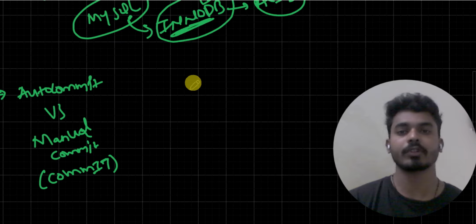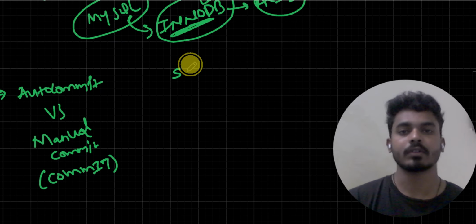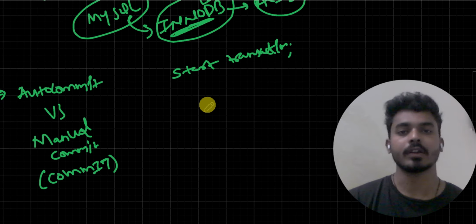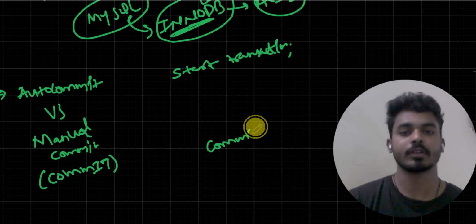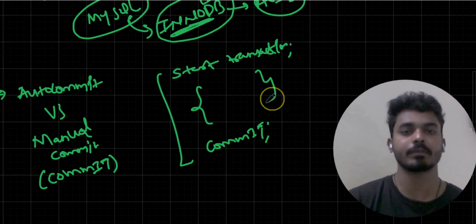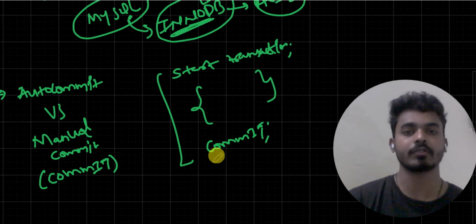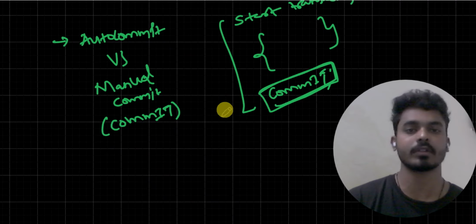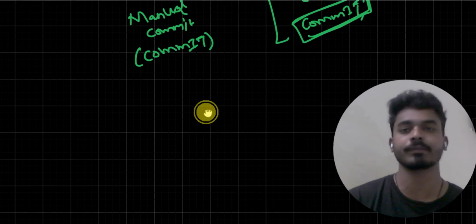For example, if you start a transaction, until you commit, the transaction won't complete. There are many statements within the transaction, and only if you use the commit command will the transaction complete. I will explain this concept in that video.